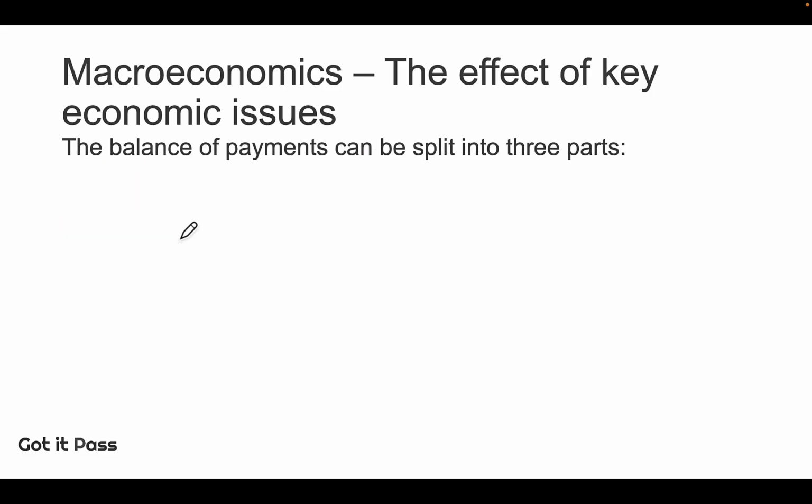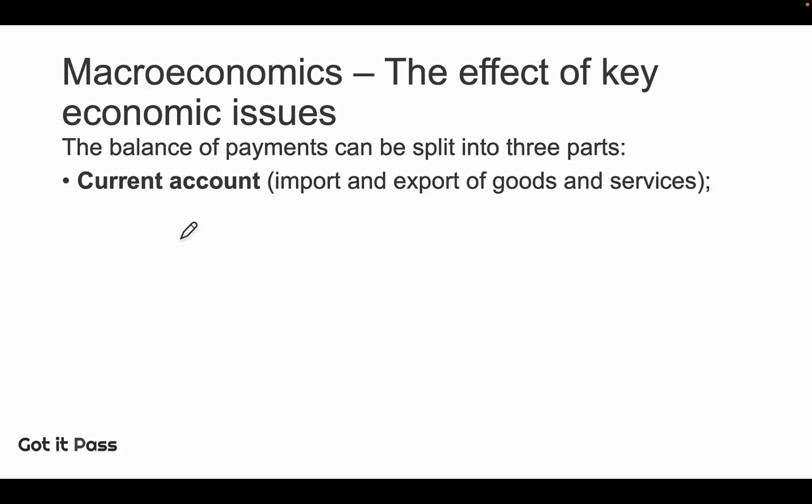For balance of payments, you can imagine there are at least three parties involved: individuals, businesses, and governments. So you can imagine that there are three parts of balance of payments incurred day to day. First, the current account, about import and export of goods and services, because country A and country B have a trade relationship.